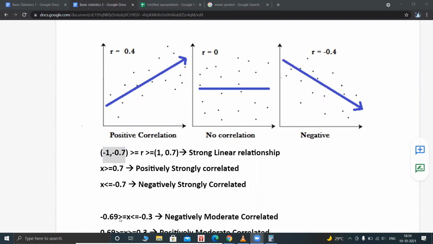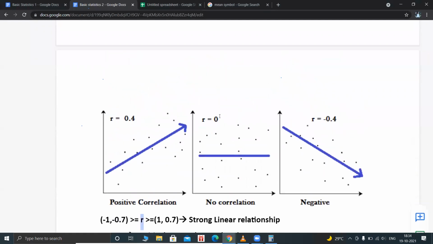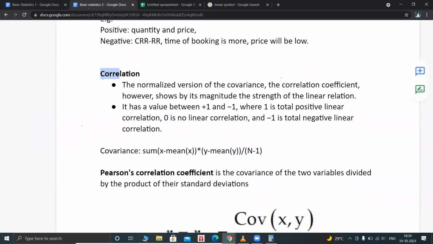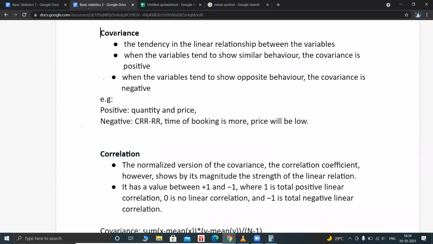So yeah guys, see, not necessarily the correlation coefficient. Okay, basically, covariance just tells us whether they are positively correlated or negatively correlated.